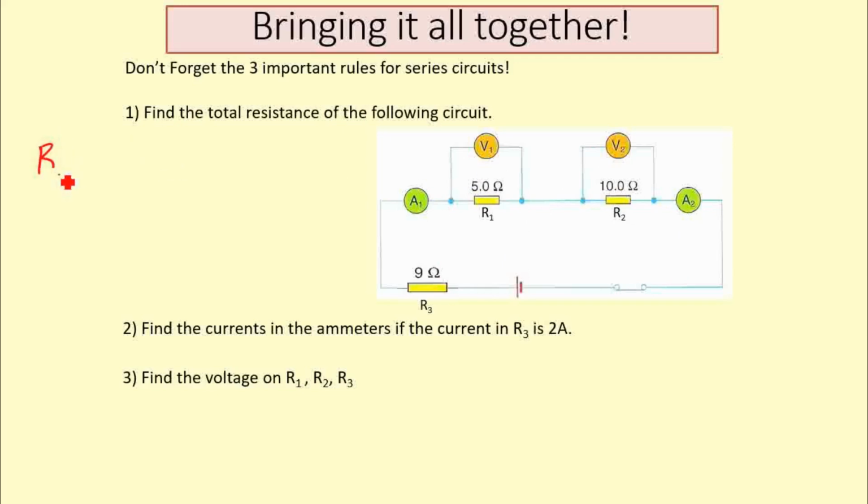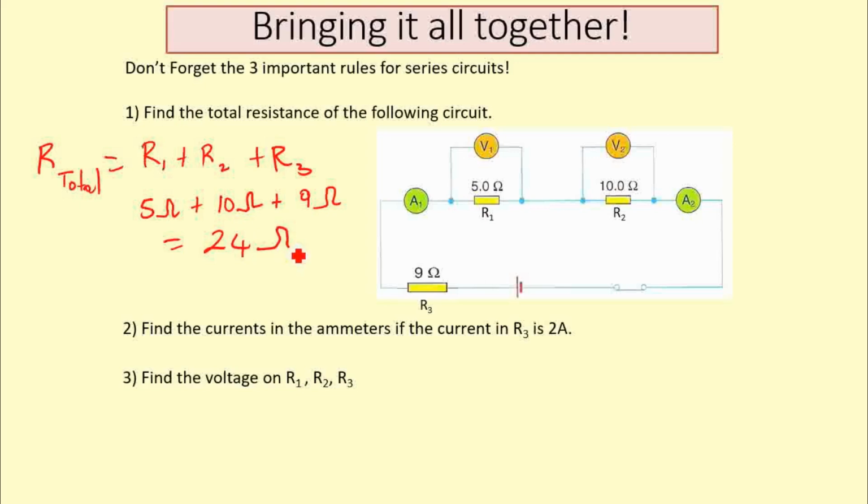My total resistance is going to be equal to R1 plus R2 plus R3. So we have R1, which is 5 ohms, R2, which is 10 ohms, and R3, which is 9 ohms. So 5 plus 10 is 15, plus 9 is 24 ohms.